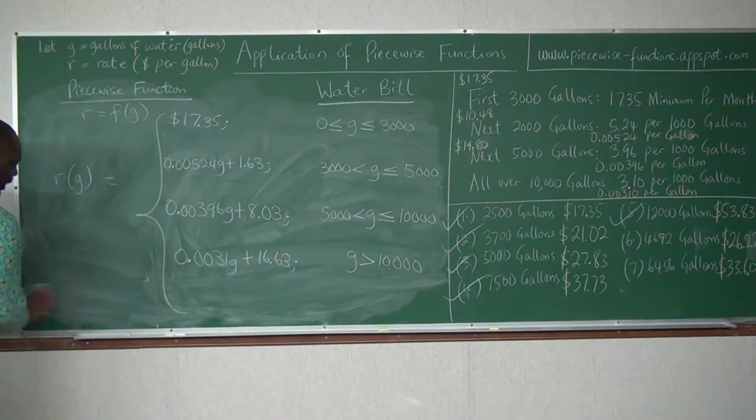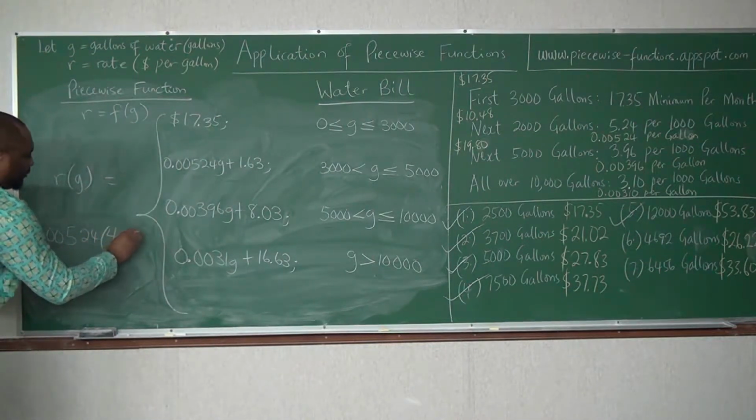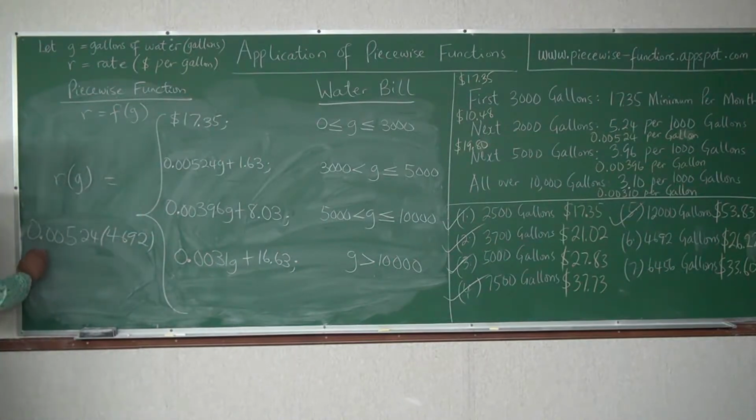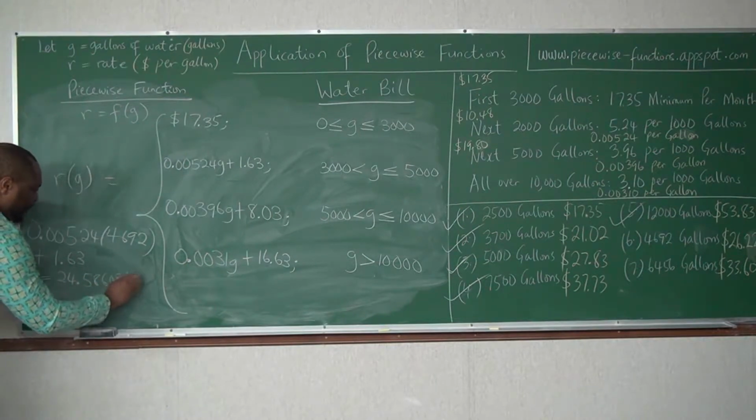And that would be 0.00524 times 4692, then plus 1.63. We now have 0.00524 times 4692, that is 24.58608, plus 1.63.